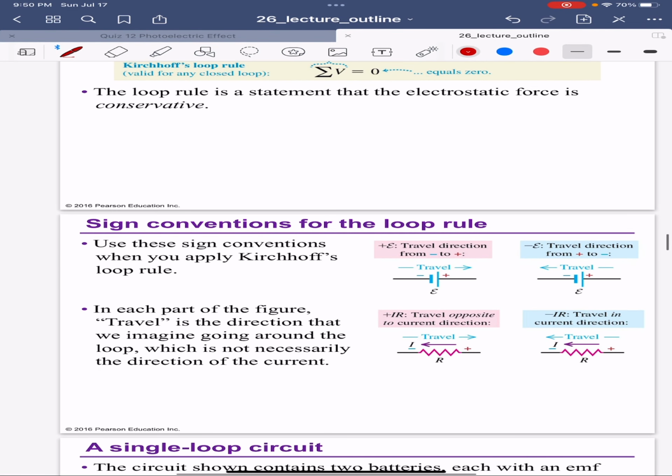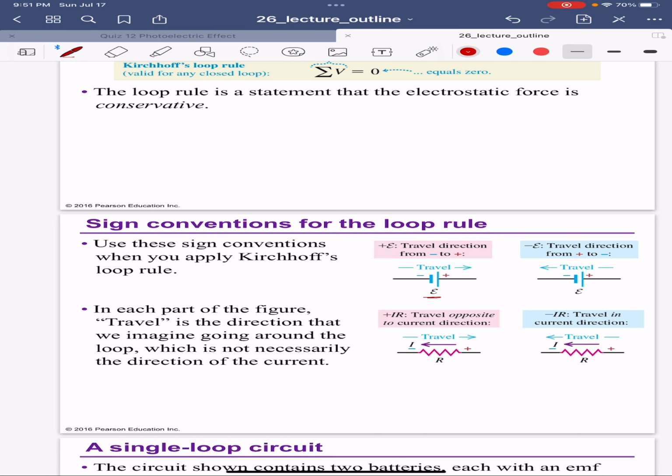Now here, sign conventions for the loop rule, and these are really important. Use these sign rules when you apply Kirchhoff's law. When you are traveling from negative to positive through the EMF, you are going to consider this as plus E. When you are traveling in the opposite direction from positive to negative, you are going to have negative EMF.